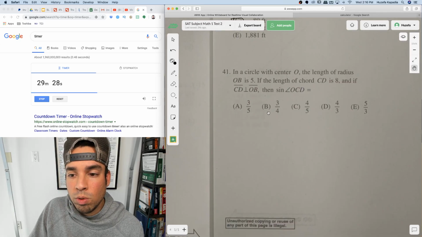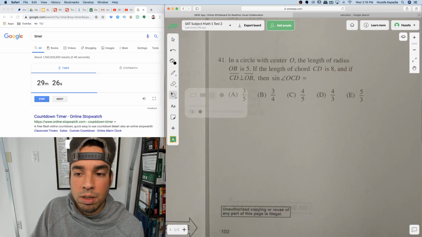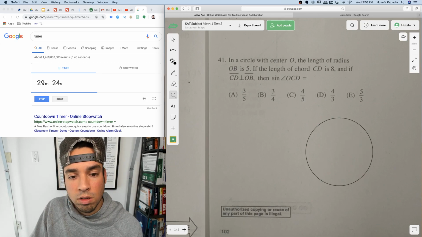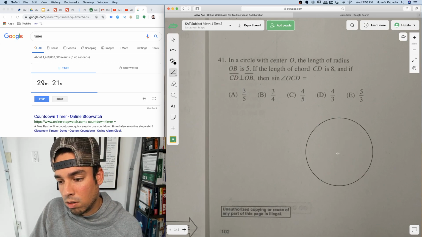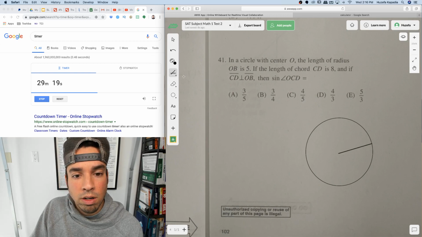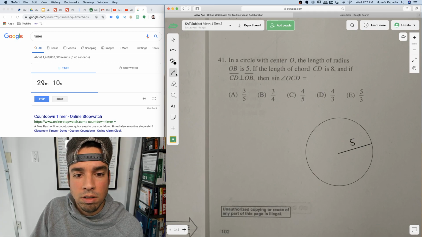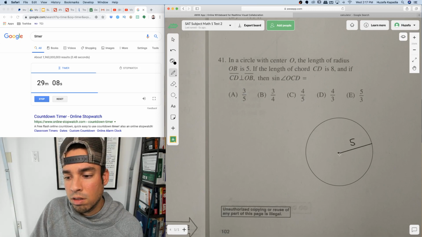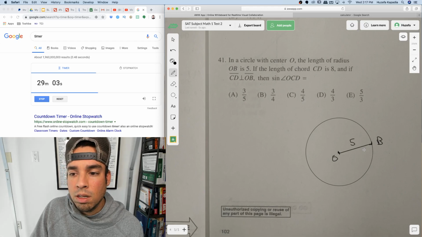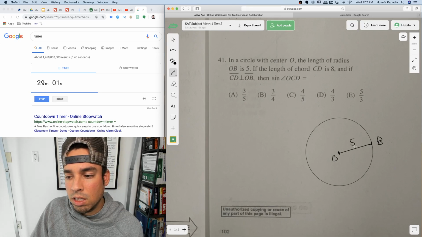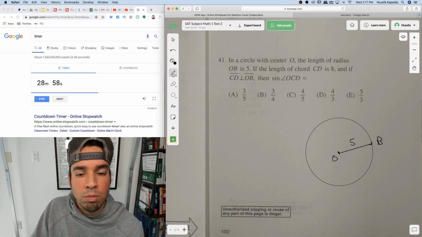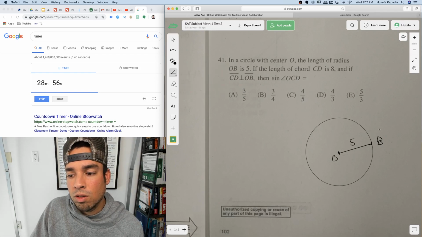In a circle with center O, the length of radius is OB. Always going to draw it out. The radius is 5. If the length of chord C is 8, and if CD is perpendicular to OB, so we go like this.